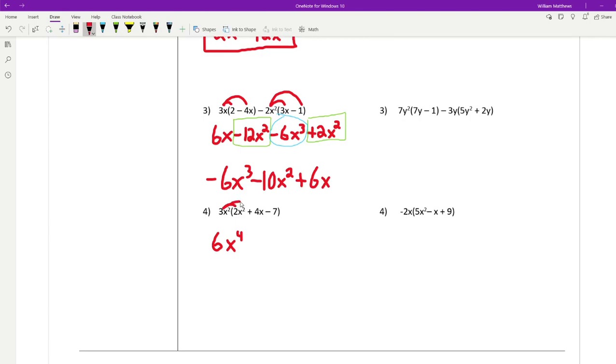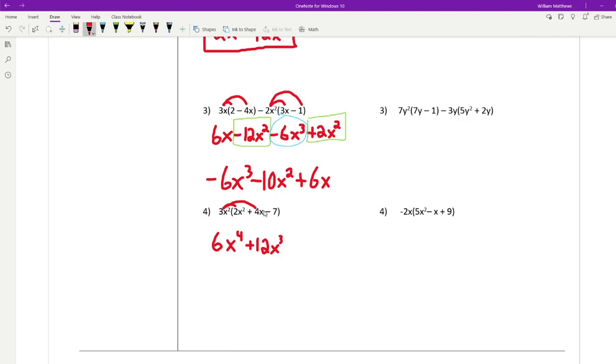We multiply 3x squared to the next term, giving us a positive 12 for our coefficient. And our variable, being like base, is x squared times x, which means we're going to add 2 plus 1, giving us a new exponent of 3.